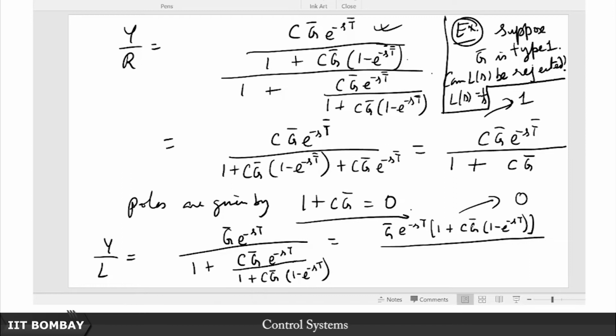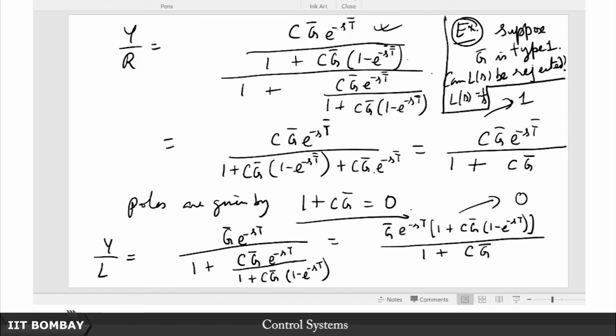This does not get cancelled out, unfortunately, this time. And then in the denominator you have, of course, the usual term cancelling out. So you will still come up with 1 plus C G bar. So one problem is still resolved, that is that you do not have to solve a transcendental equation in order to get the poles of this system.